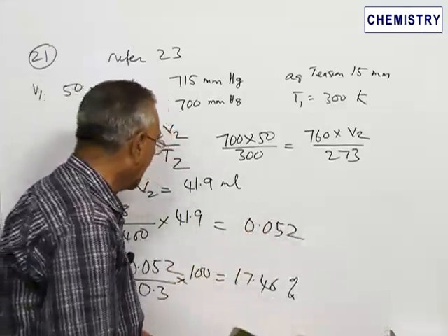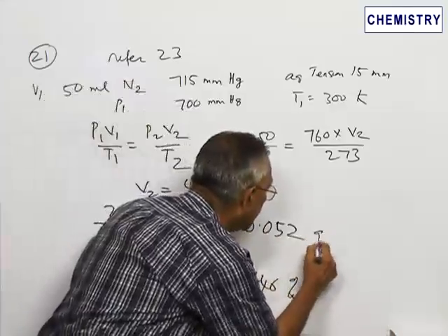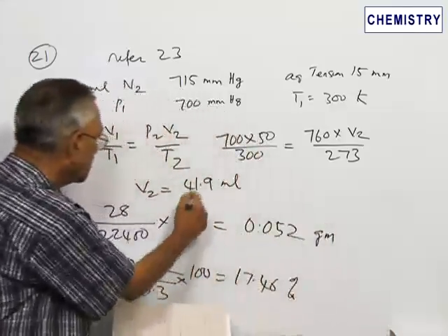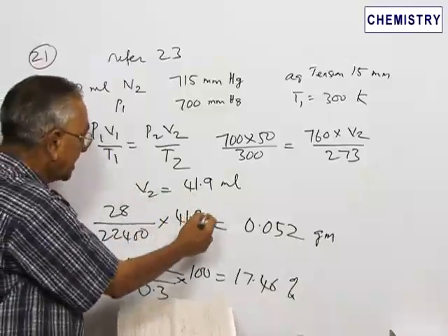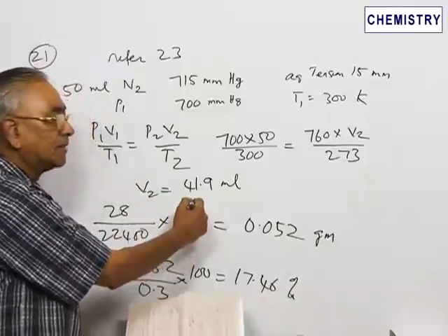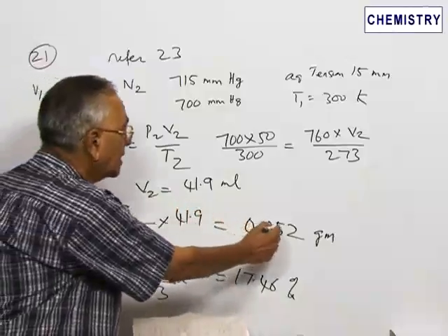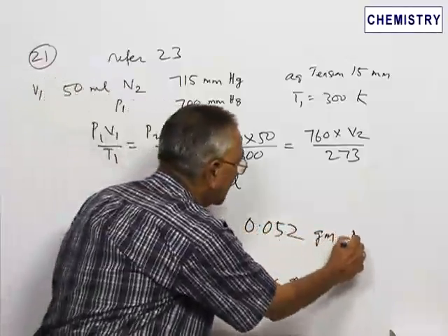So 41.9 is the volume, and 41.9 ml of nitrogen is equivalent to 0.052 gram of nitrogen.